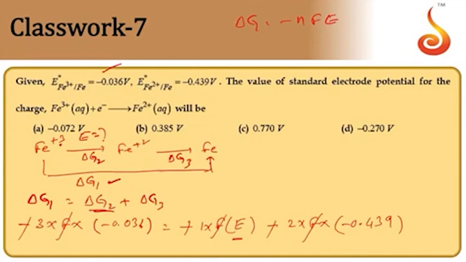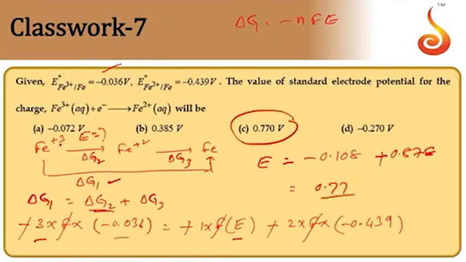So E will be equal to minus multiplying these two, 3 and 0.036, minus 0.108, multiplying these two we have. And this goes to the other side, becomes plus sign. So plus 0.878, which comes to nearly 0.77. So answer is here 0.77.